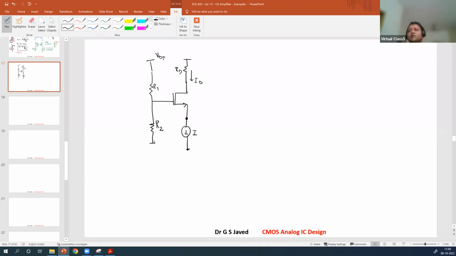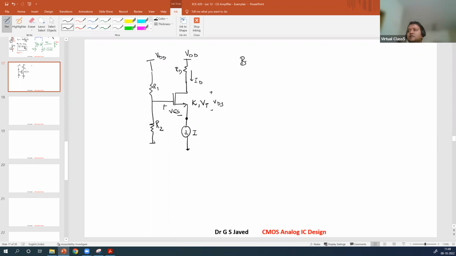Your voltage supply VDD in all cases. Now, what are the other conditions that you have? K and VT. You'll have to take care. So this is the VGS. This is VDS. So this is the circuit design aspect of a current source.